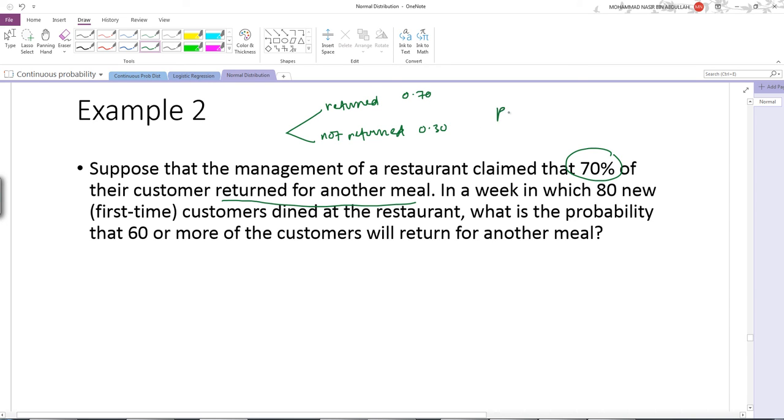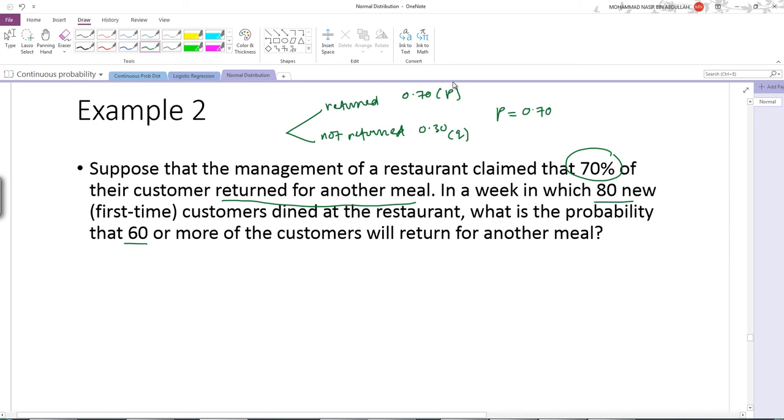So probability of success 0.70. And this is P and this is Q. In a week, 80 new customers, first time customers, dine in the restaurant. What is the probability that 60 or more customers will return for another meal?